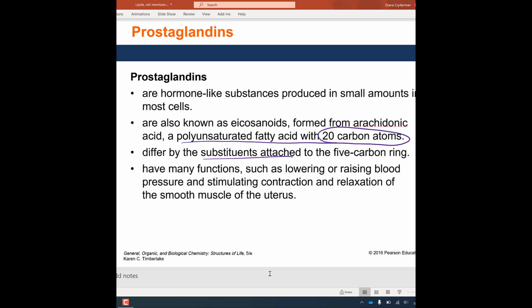But typically, our 20 carbon fatty acid will hook itself around and form a 5 carbon ring somewhere in about the middle, and we'll see that in a moment. It can have many functional groups, so it can raise or lower blood pressure, it can stimulate contraction and relaxation of muscles of the uterus, for example.